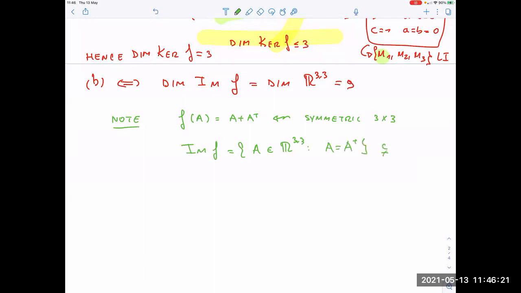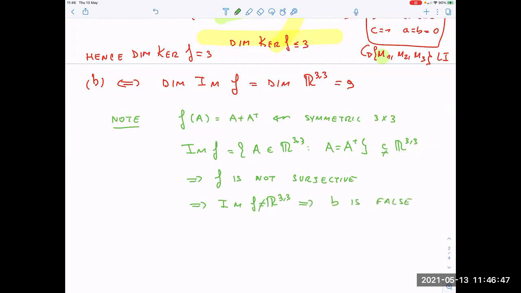And this is strictly contained in R^{3x3}. So this means that F is not surjective, which means that the image of F is not R^{3x3}. And this means that B is false. So this is one way of doing this.